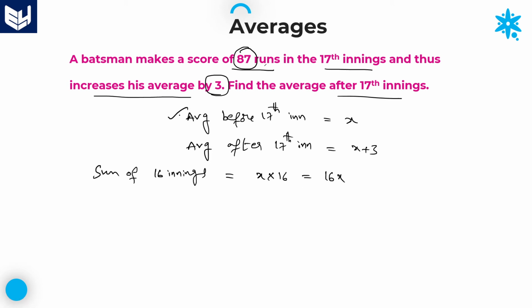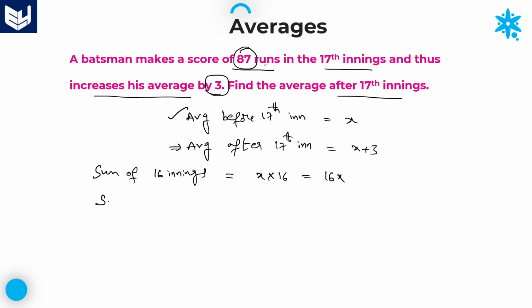Average before 17th innings is the same as average up to 16 innings. Both are the same. Now, the second sentence: average after 17th innings is x plus 3.